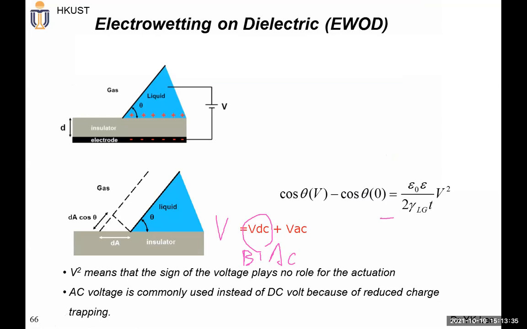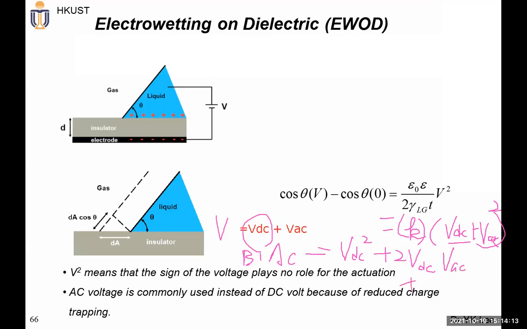Basically, we have cos θ, and then we have VDC and VAC, and then an additional parameter maybe K squared. So if the VDC is much bigger than VAC, in this case we can simply show why: the big number 2 VDC VAC, plus VAC squared.